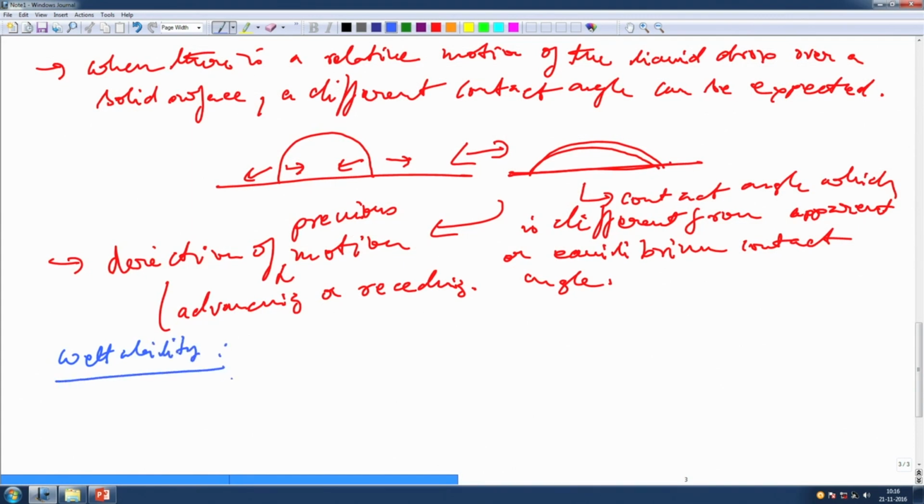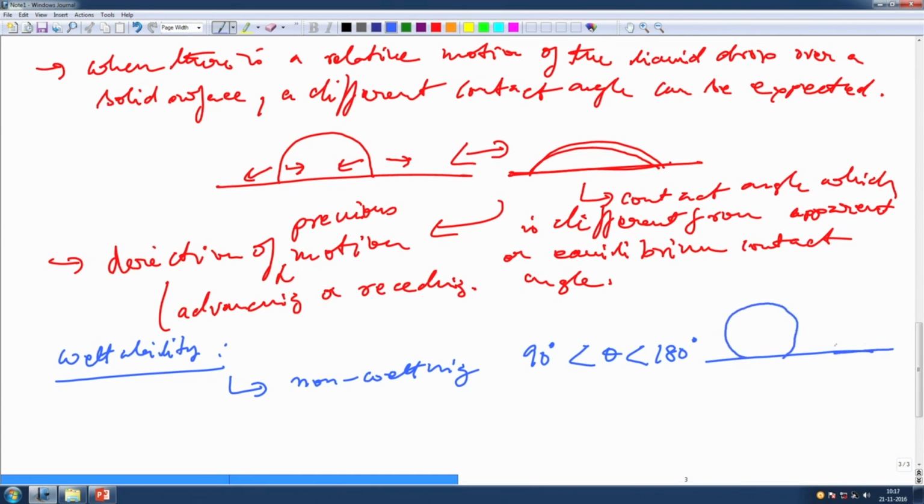Okay. So, when we define wettability, we define categories. Non-wetting surfaces are where the contact angle falls in this range. That means the contact angle is greater than 90 degrees, but less than 180 degrees. I can draw, this will be more or less like this, and it can go up to like this. So, it is called hydrophobic surfaces essentially.